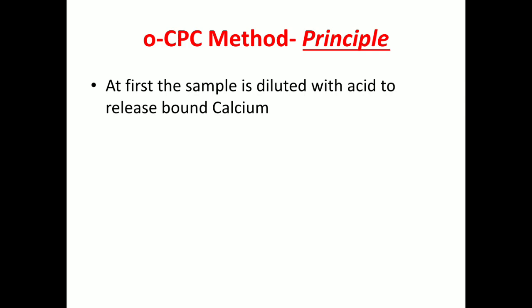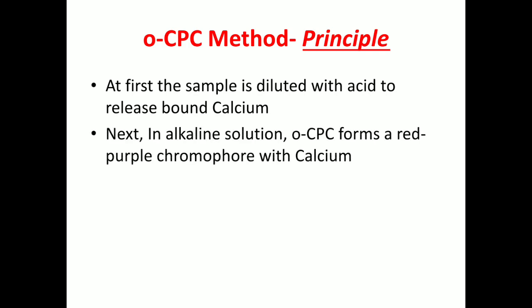Now in the next step, the reagent will have an alkaline solution and OCPC. The OCPC reagent will bind with calcium in the alkaline solution and form a reddish purple colored compound, a chromophore. So it's simple: you release all the bound calcium so you get the total calcium, then you give the OCPC reagent and make the solution alkaline.